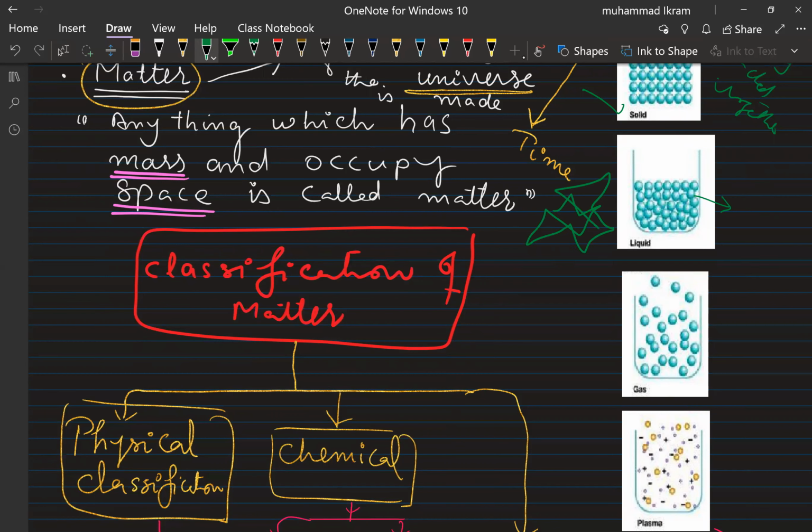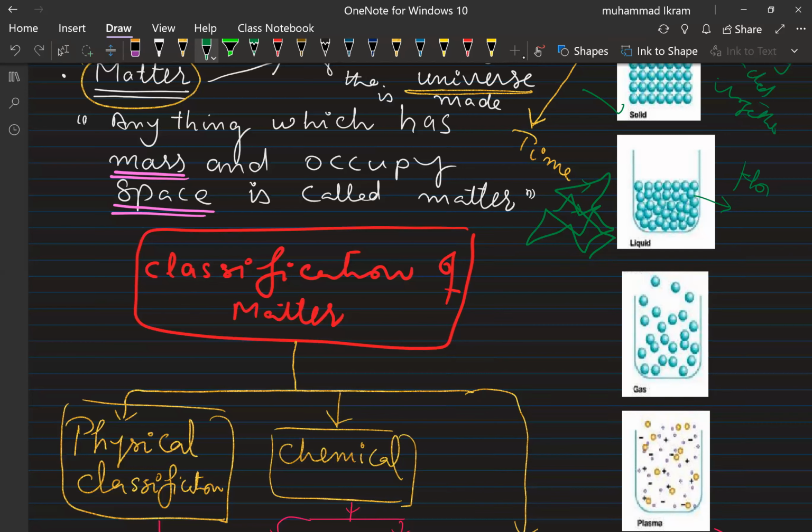They can move randomly in any direction, and they change direction when they collide with each other, because the attractive forces are weaker than in solids, right? Water is the best example, and then there are milk, water, and oil, etc. They are all liquids. Liquids have the ability to flow.